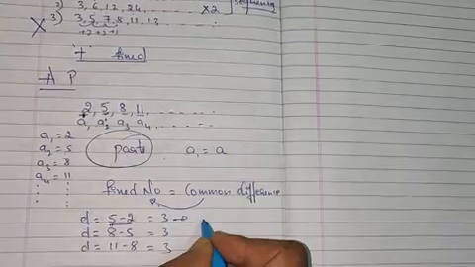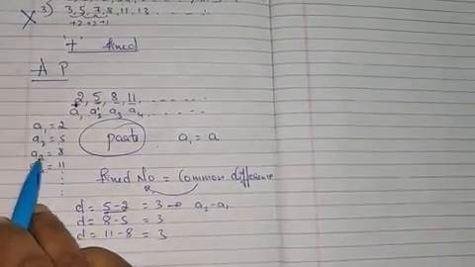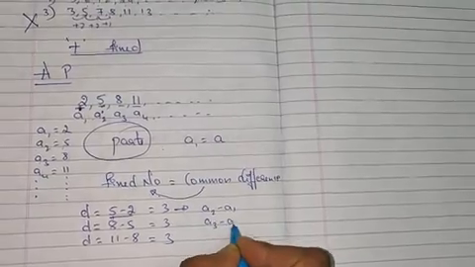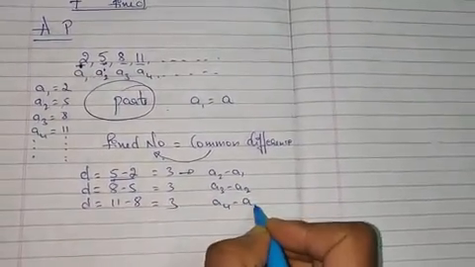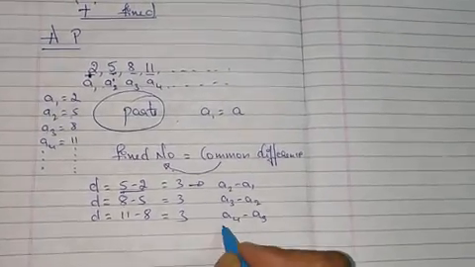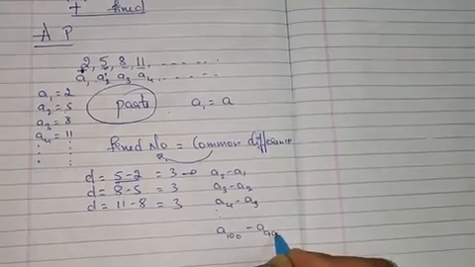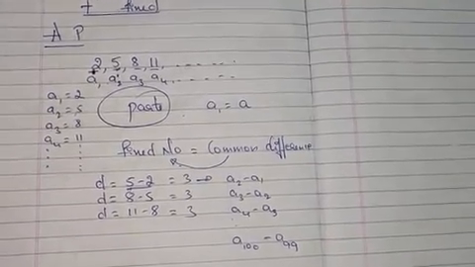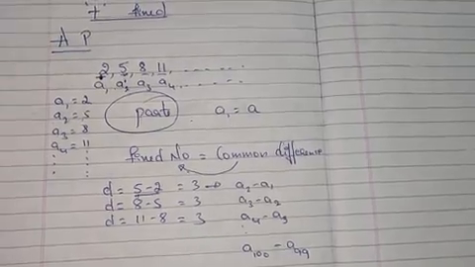So D can be written as A2 minus A1, or A3 minus A2, or A4 minus A3, or we can continue it as A100 minus A99. So this is how we find the common difference.